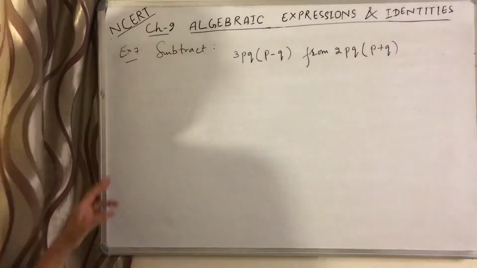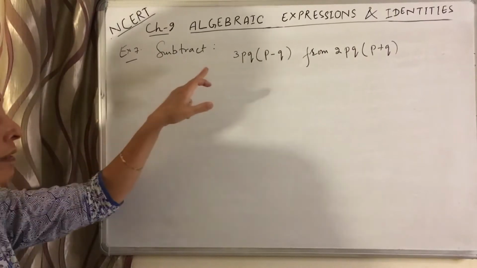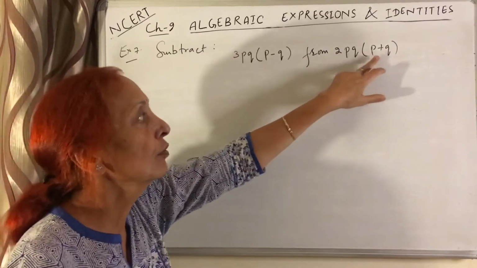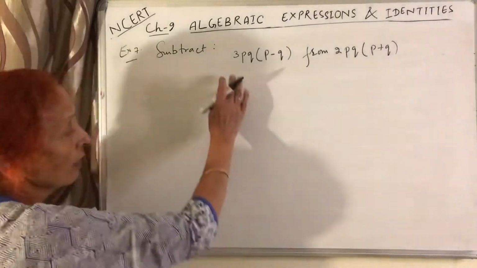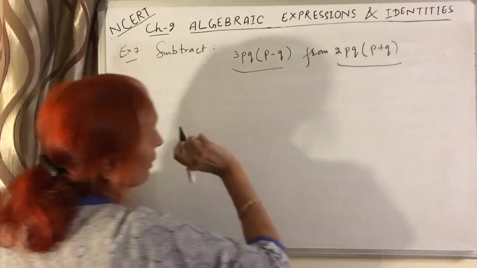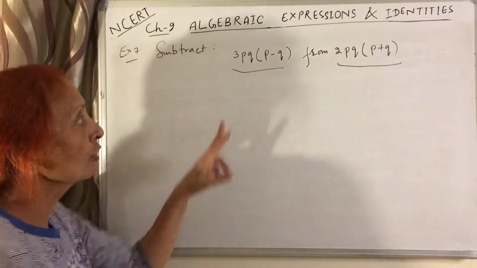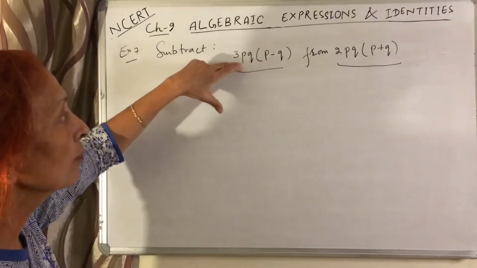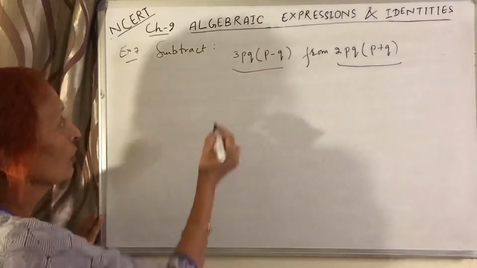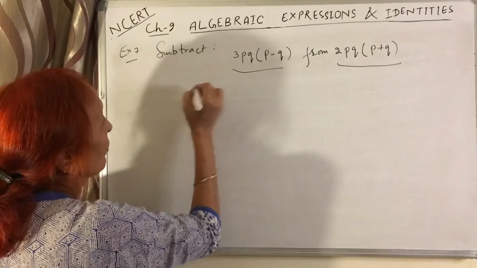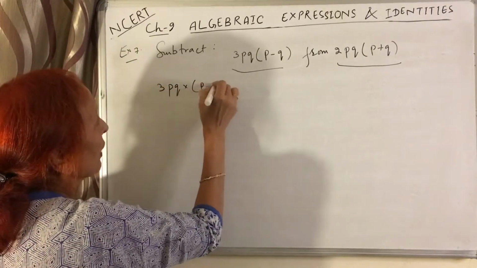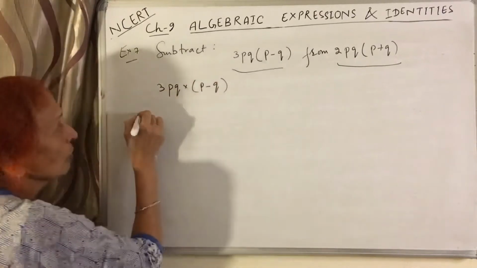Next is example 7. Subtract 3pq(p minus q) from 2pq(p plus q). First we will simplify both these and then we will subtract. This is multiplication of a one-term monomial and a two-term binomial. So this is equal to 3pq into (p minus q).